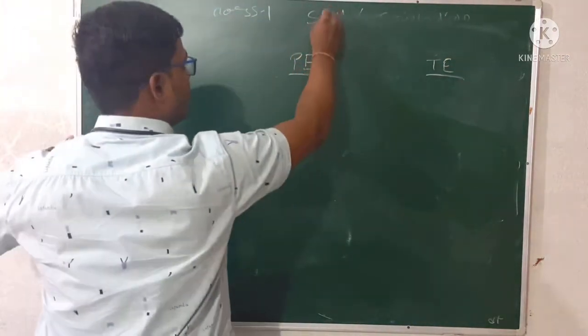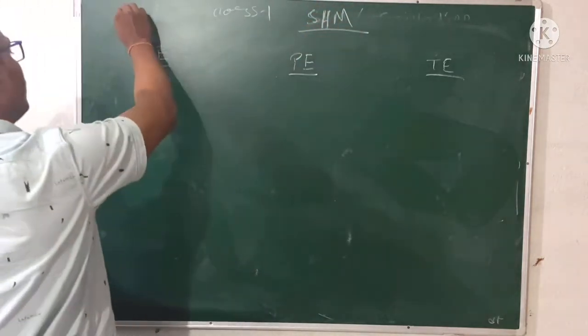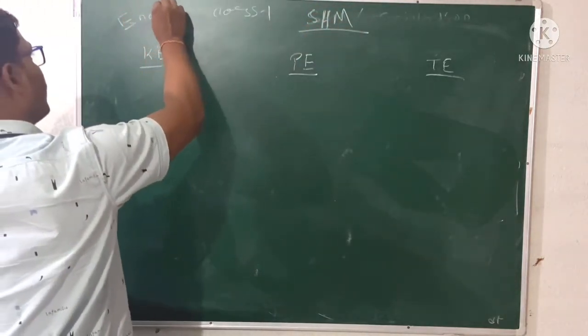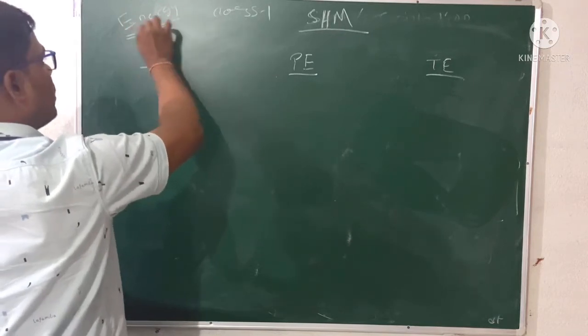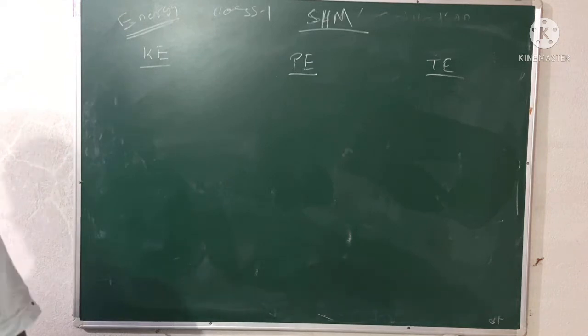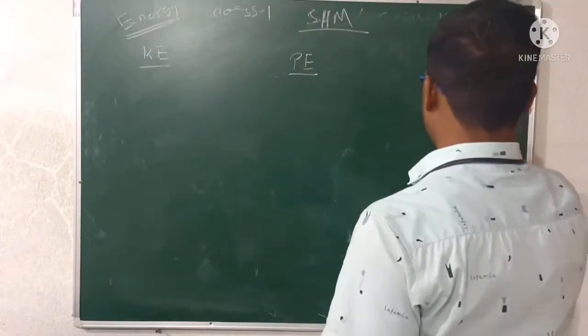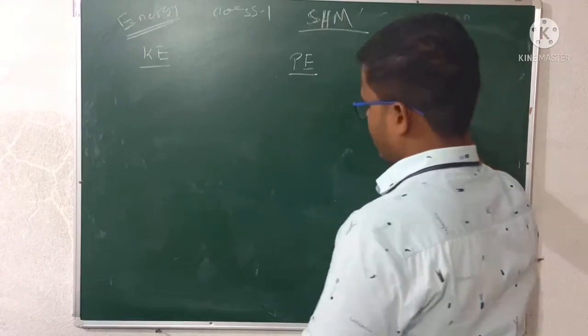So we will discuss the energy forms for our motion system. To derive these things, we have to know one more thing. Forget about the total energy, we'll discuss it later.